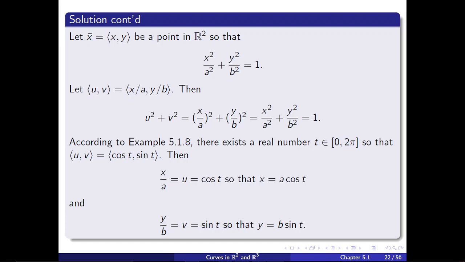Now, what we are trying to use here is what we know already. We know that u squared plus v squared is equal to 1 becomes something like a circle, right? That's what we did in example 5.1.8.